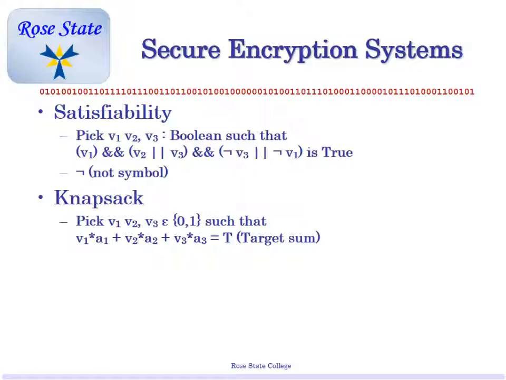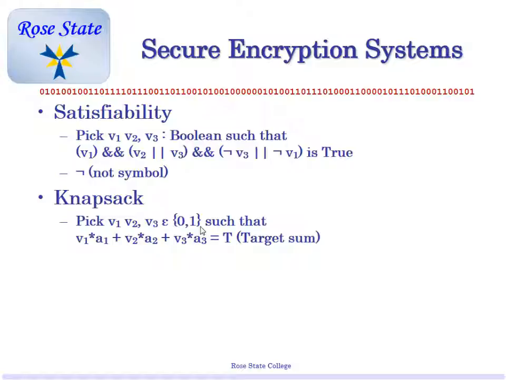Okay. So what if I told you to pick a knapsack, V1, 2, and 3, from the subset of 0 and 1, where V1 can be 0 or 1, V2 can be 0 or 1, V3 can be 0 or 1. So pick that value for each of them, such that V1 times A1. So what is a number times 1?